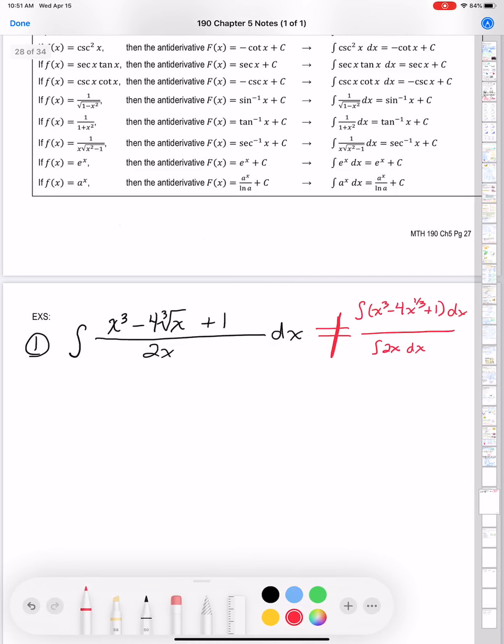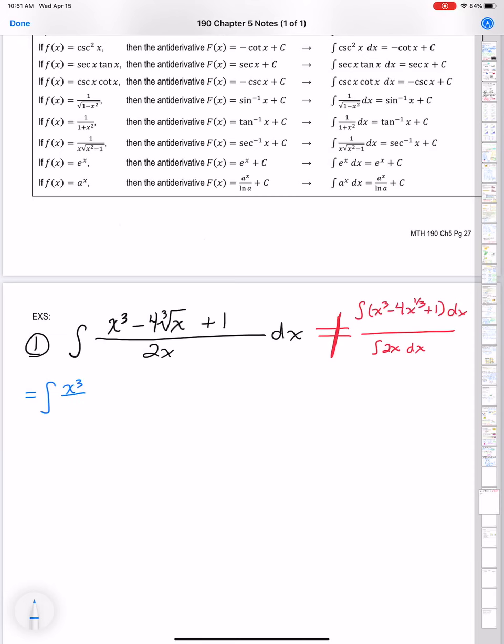So instead, we are really forced to think about simplifying this, or do the division, let's call it that. Since we're just dividing by a monomial, we can divide each term in the numerator through by that monomial in the denominator.